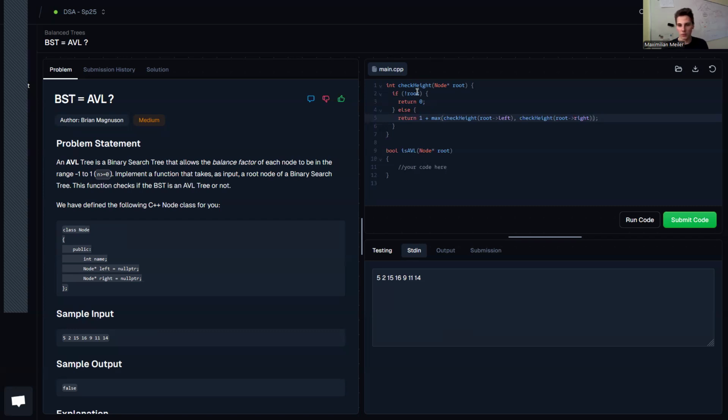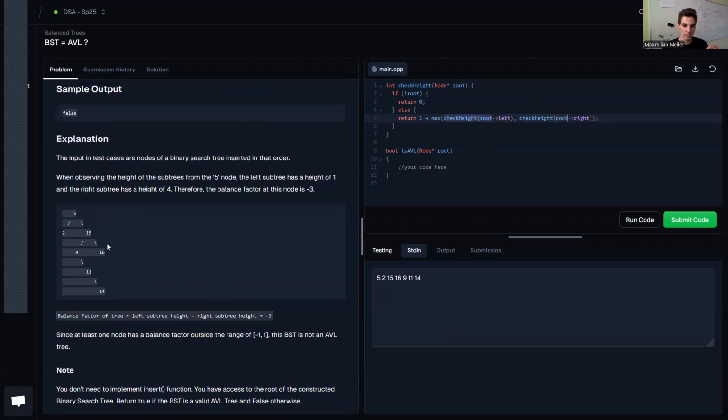So remember that this function will always return the height, right? If the root doesn't exist, it just returns a 0, which means that generally, if we want to calculate the height, we'll just take the heights of the two subtrees, maximize across them, again, like this 3 and this 1, we pick the 3, and then add 1 to represent the edge we take to get to that subtree.